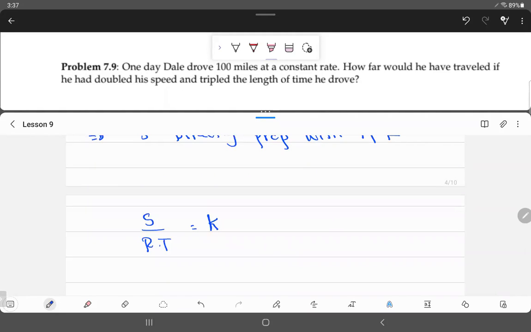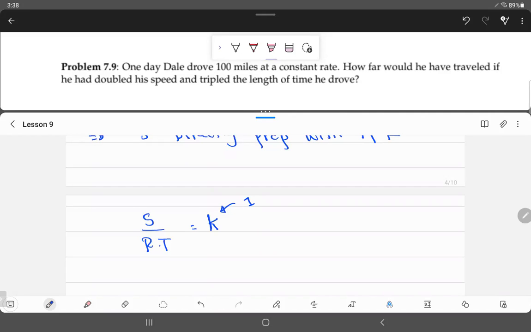Actually, you will discover later this K has to be 1. This is going to be later, maybe. But S over r times t is always equal to a constant, K in this case. So there's a direct proportion between the distance and the rate and the time.